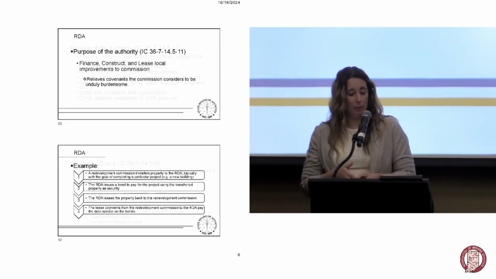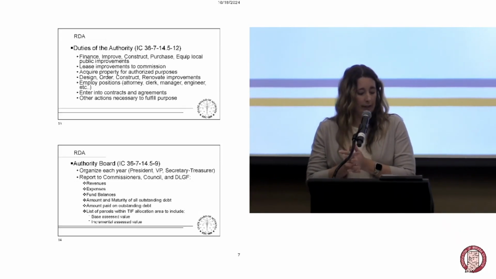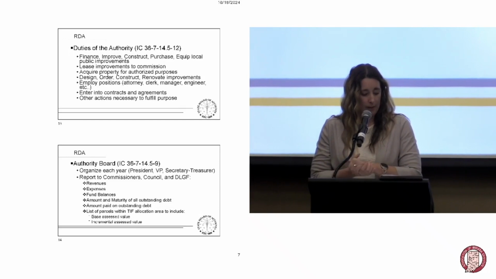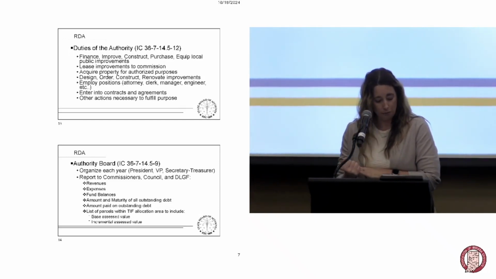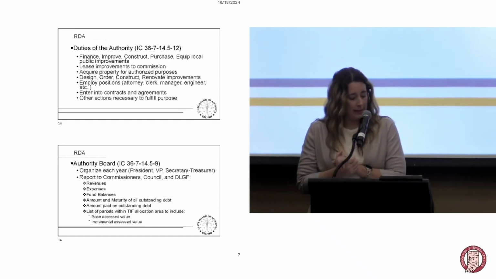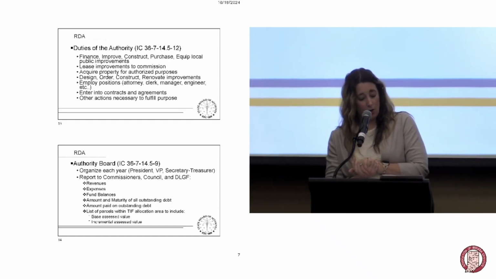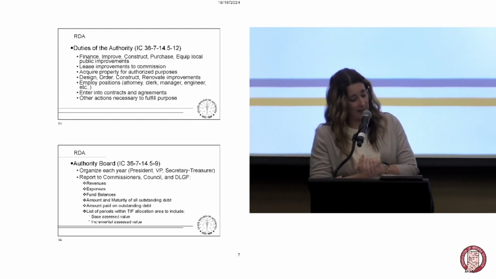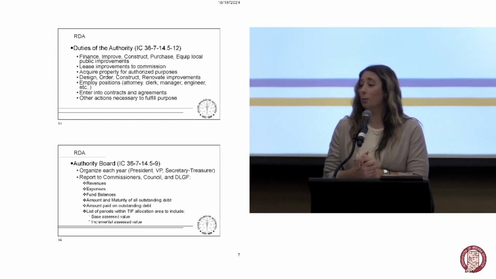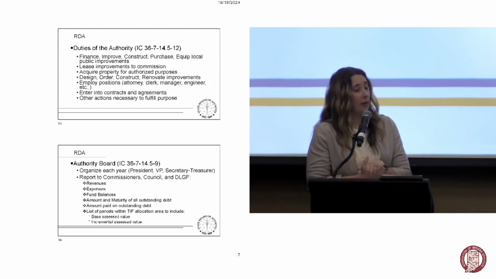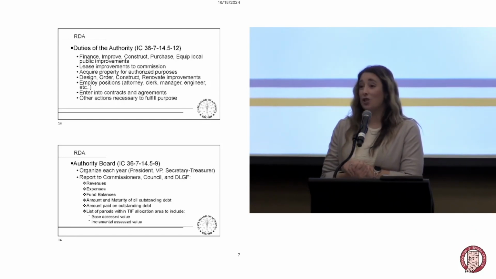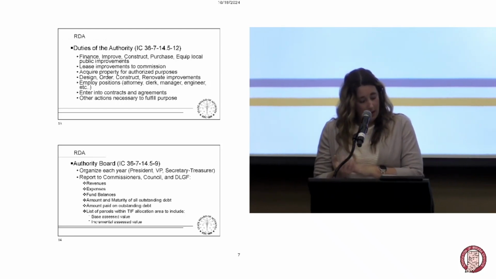Their duties are a little bit more lengthy than your Redevelopment Commission. They are outlined in 36.714.512. So they can finance, improve, construct, reconstruct, renovate, purchase, lease, acquire, or equip local public improvements. They can lease those public improvements to the commission. They can sue or be sued.